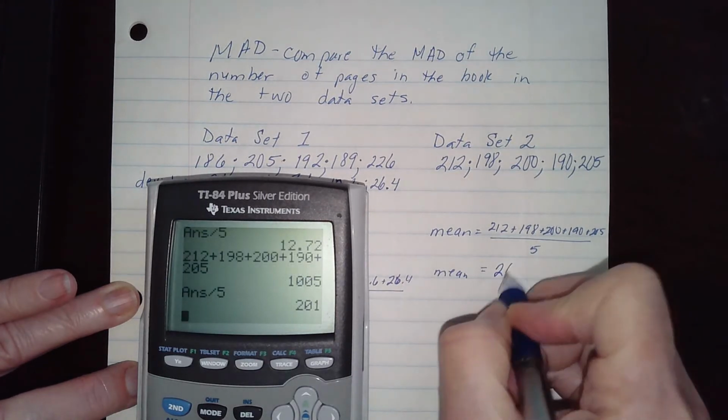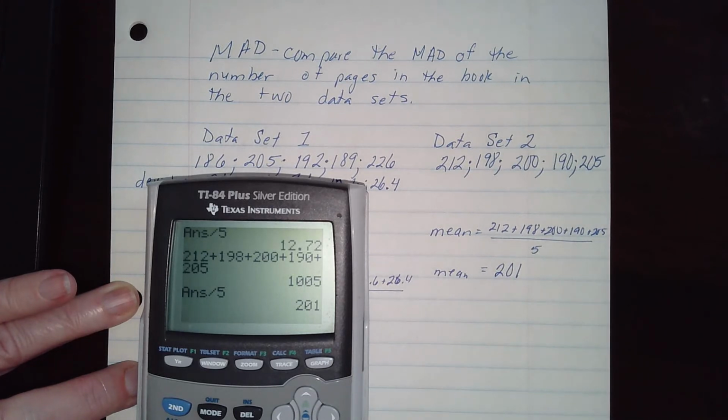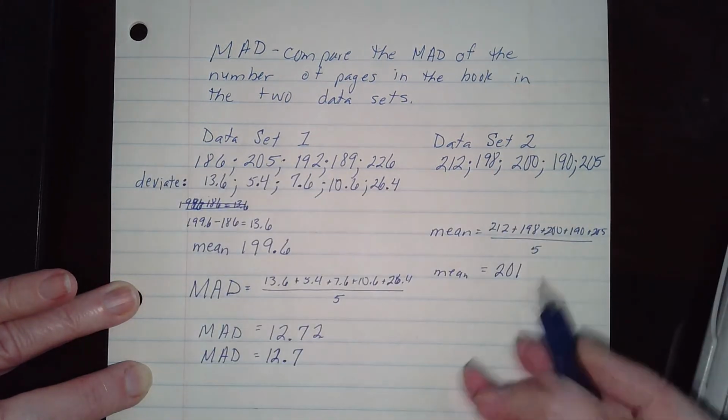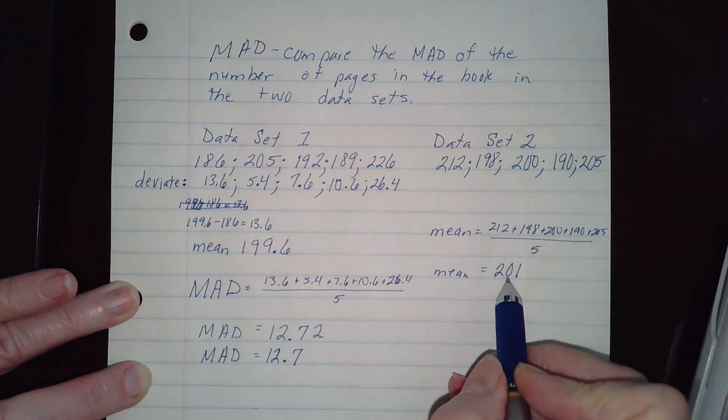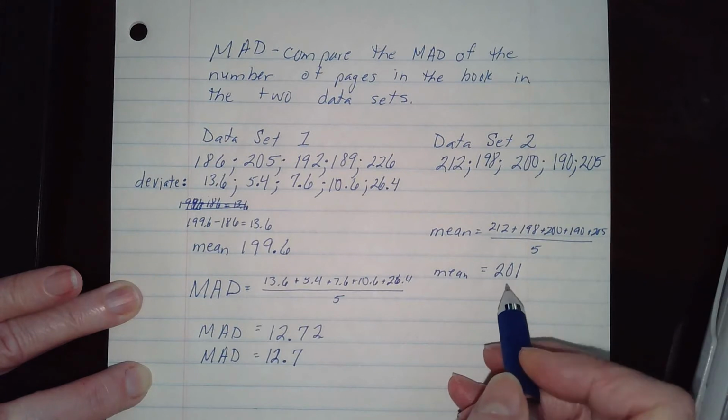So my mean is 201. We can already see that this second data set has about 1.5 more pages per book. Not a huge difference. Now let's calculate the MAD.